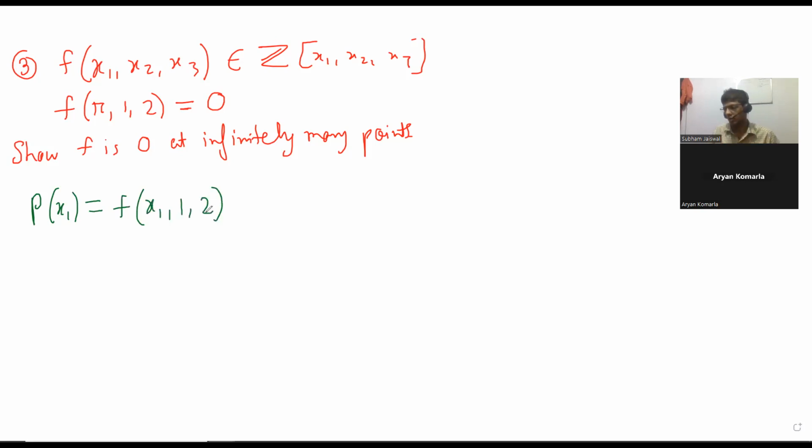So, sir, if we have p of x1 is equal to f of x1, comma 1, comma 2, then all of these are integer coefficients, but still p of pi is 0. So p of x must be the 0 polynomial.